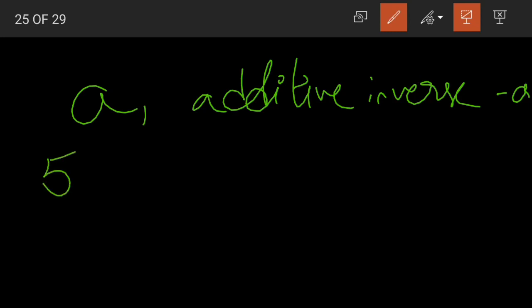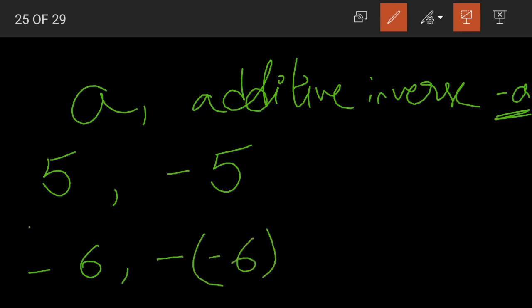If we take the positive integer 5, its additive inverse will be minus 5. If we take the negative integer 6, again, what did we say? The additive inverse is minus a, right? Now, how will we write minus a here? Minus, brackets open, minus 6. Minus 6 is a, right?